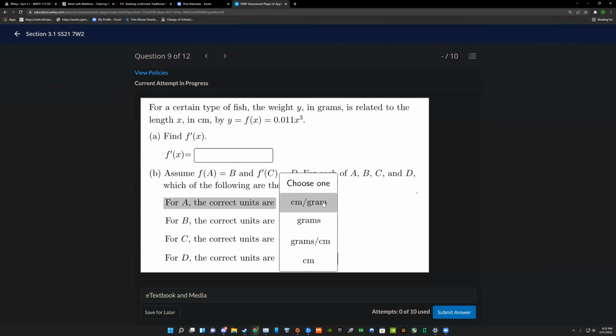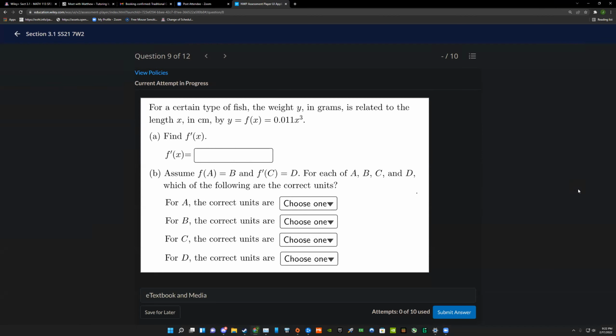Here's what they look like. Okay, for a certain type of thing. Correct units are A. Okay, can you just undo that for now?